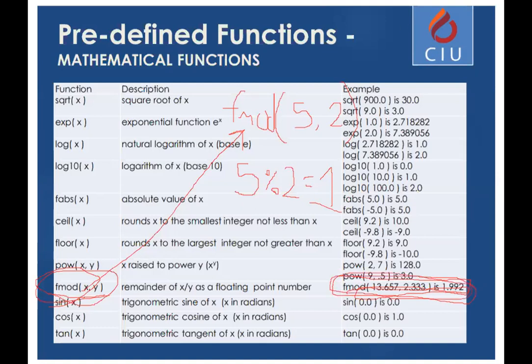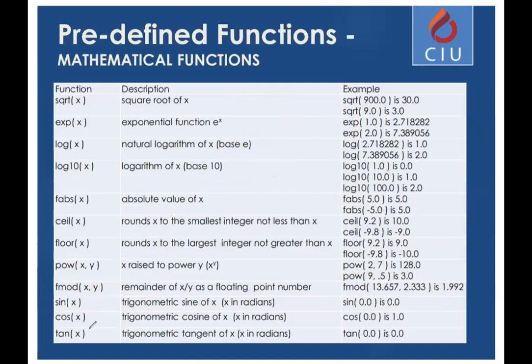Okay. The final ones, which are the least used ones, are sine, cosine, and tangent. I don't use these ones that often, but they are very straightforward anyway. You just need to type sine, cosine, and tangent, such as sine 0 is 0, cosine 0 is 1, tangent 0 is 0.